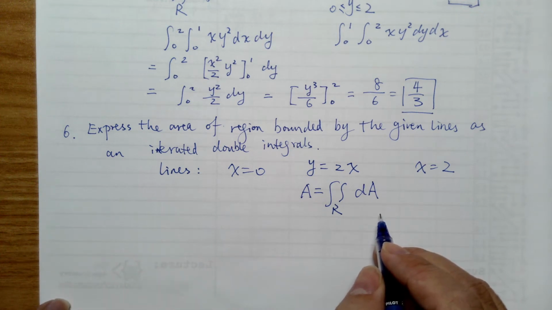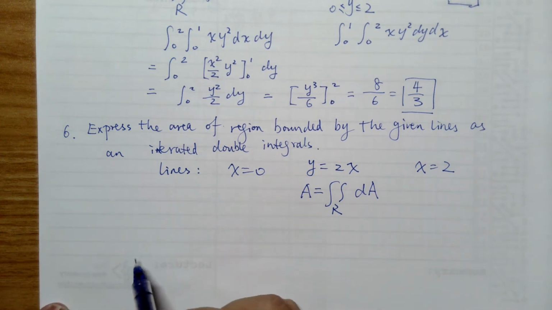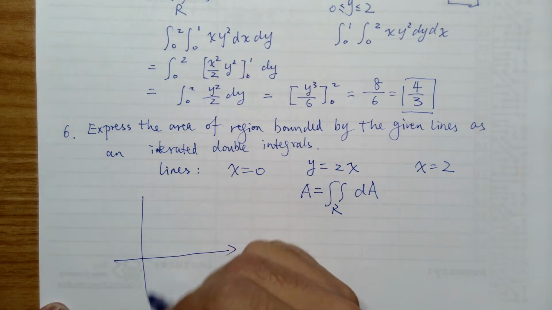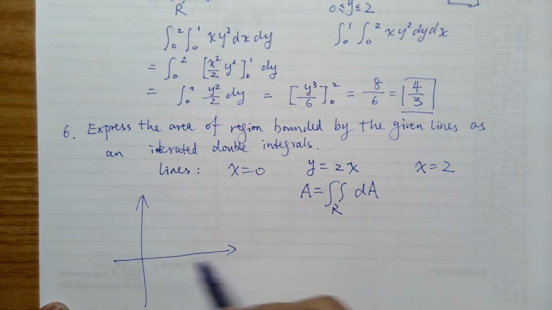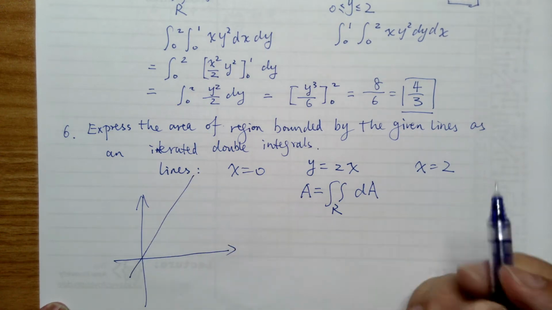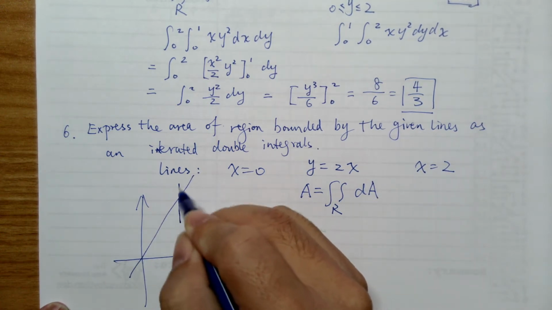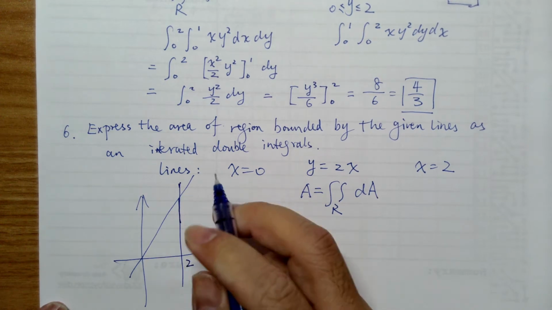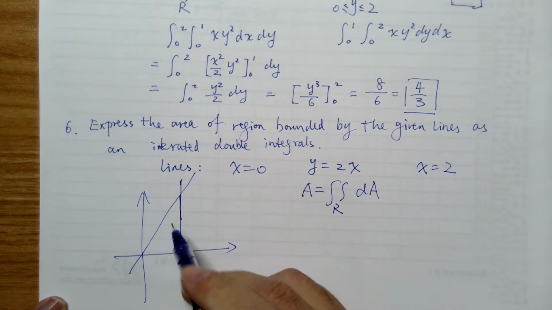So let's draw this first. So x equals 0, y equals 2x right here, and then x equals 2, right? So this is 2. So this is the region we are looking for.